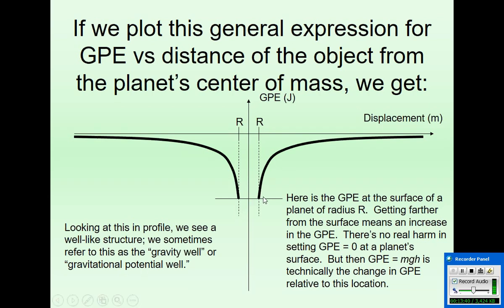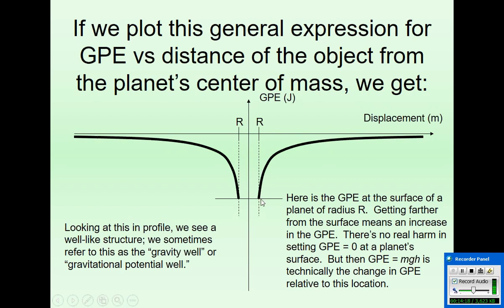And if we reset zero to where this thin horizontal line is, all of a sudden we see that as we move further and further from the surface, our gravitational potential energy is increasing. We see a positive slope there. Starting from the surface of the planet and moving away from it, our gravitational potential energy is going up.